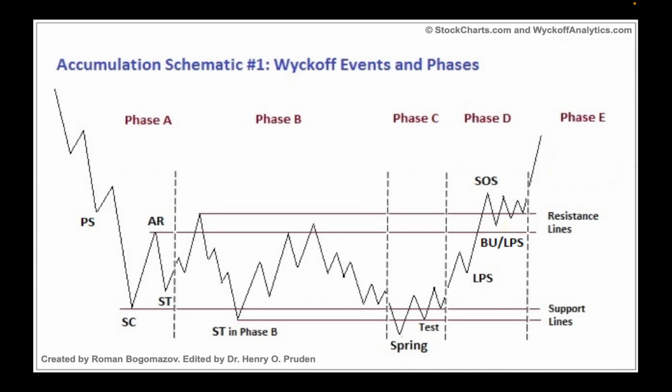What they basically do while accumulating is buy all the shares they can. They try to buy shares large enough to move prices in the market, while other participants in the market, like weak hands, are still selling. So there are different phases, right?